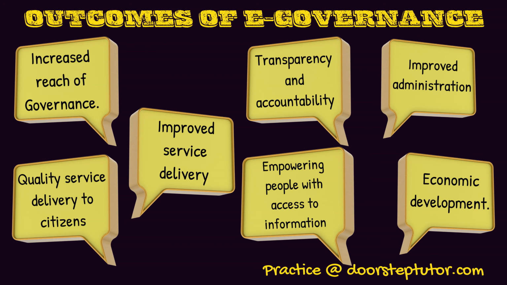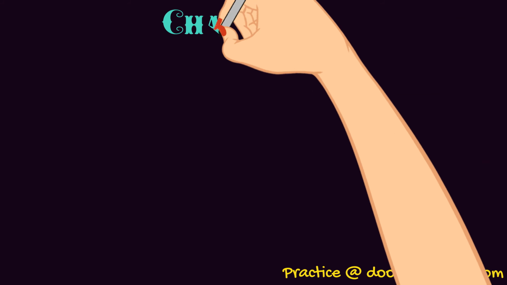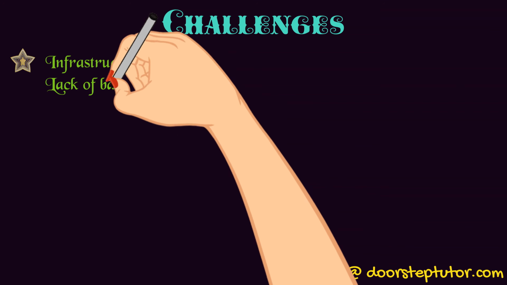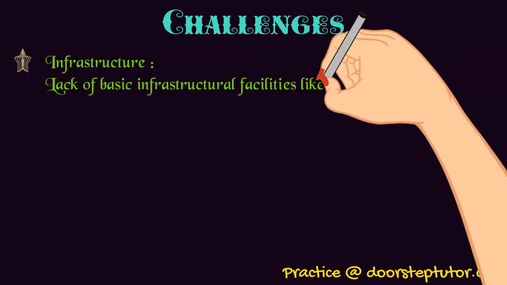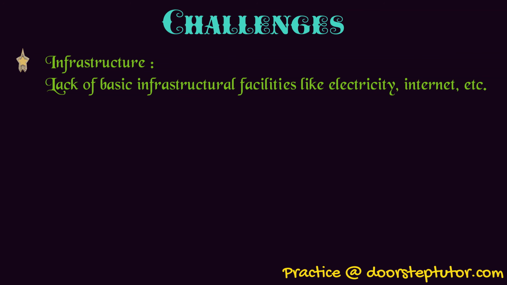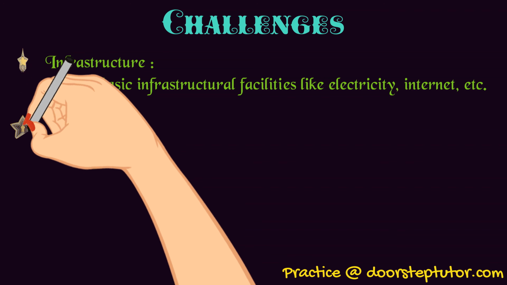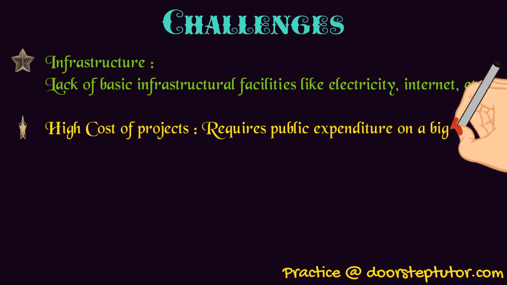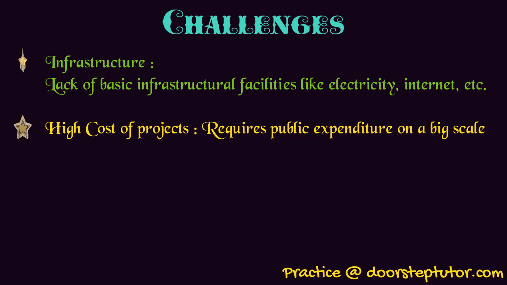governance also. Coming to some of the challenges which are involved with e-governance, first is the lack of basic infrastructural facilities. Like what? Like electricity, internet, because we just discussed how remote areas and rural areas may not have such facilities. The costs of projects which are involved in such e-governance or digital initiatives are very high, and they call for public expenditure on a vast scale.